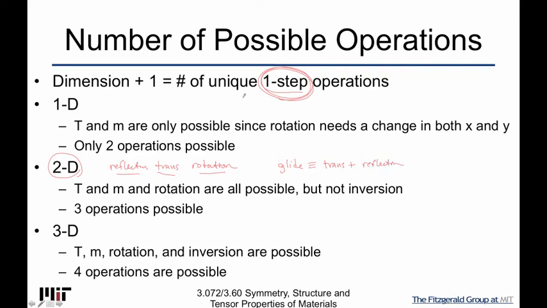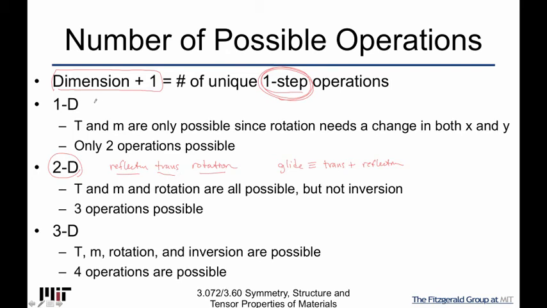The number of unique one-step operations, if I have 3 of them in 2D, then it's dimensionality plus 1. So dimension here is 2, and I add 1 to it, and I get 3. And here are my 3 operations.